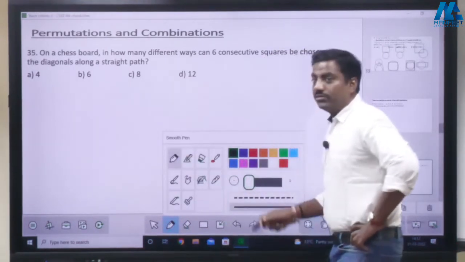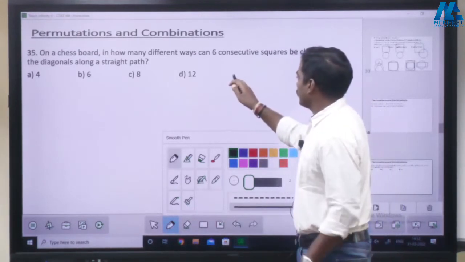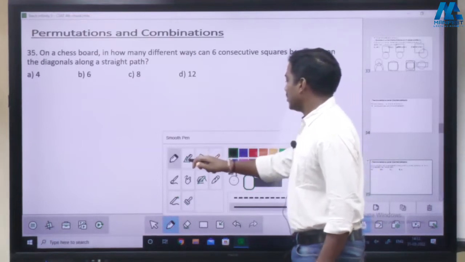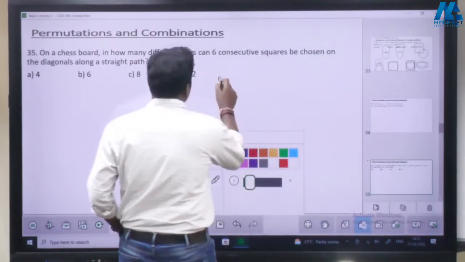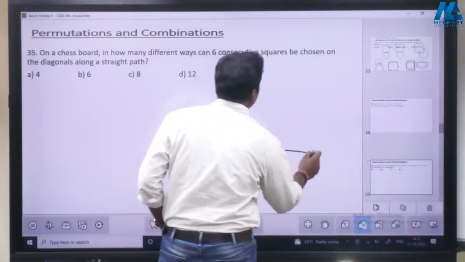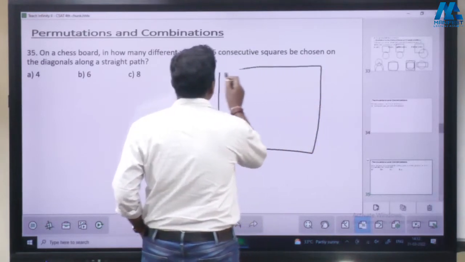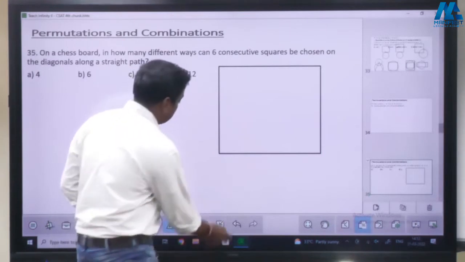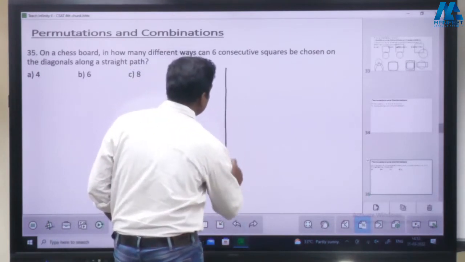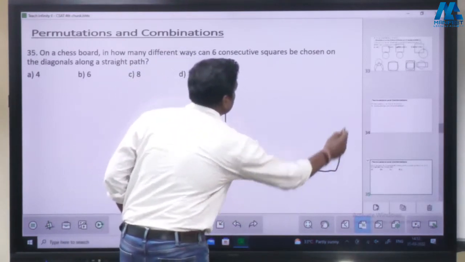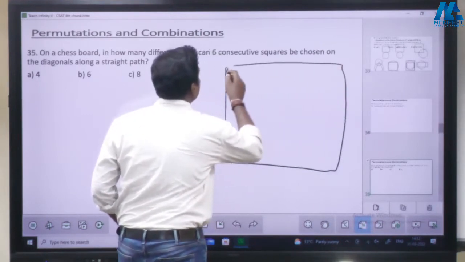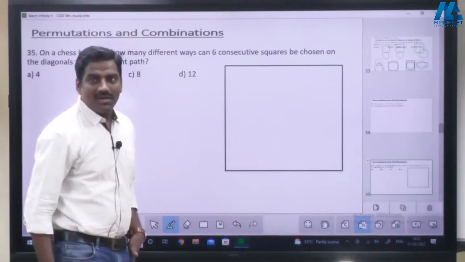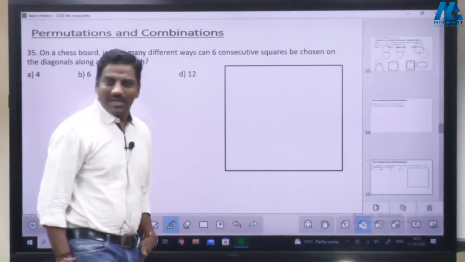I'll draw a chessboard for you. Okay, fine, no? Okay, adjust. Okay.